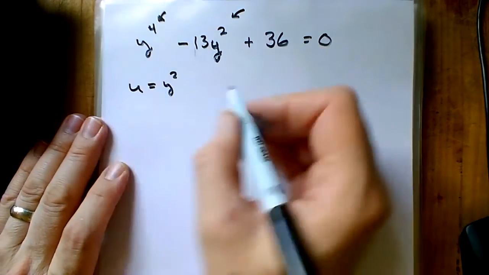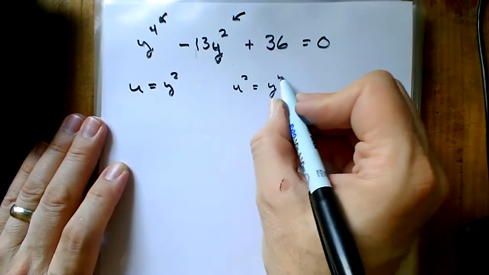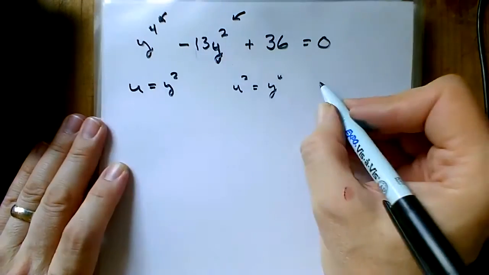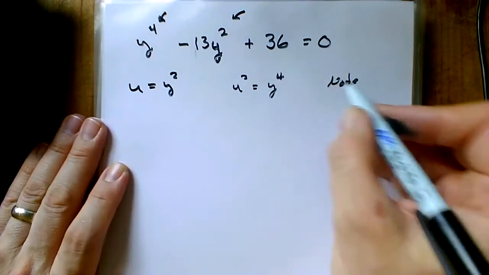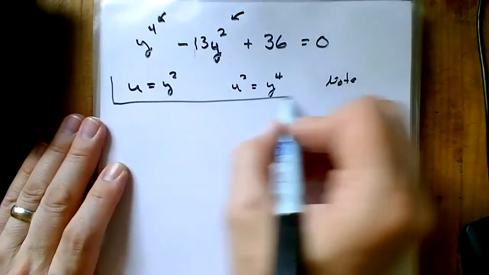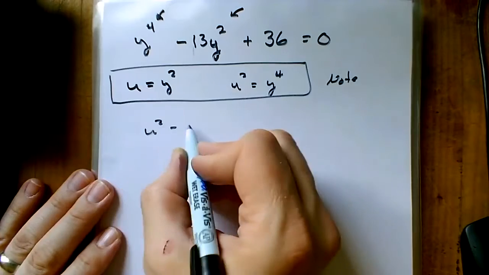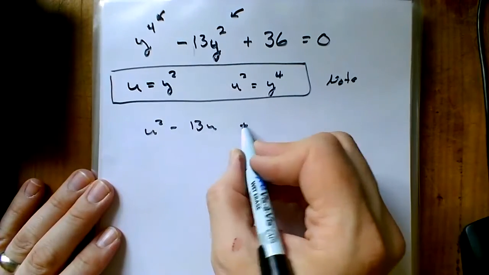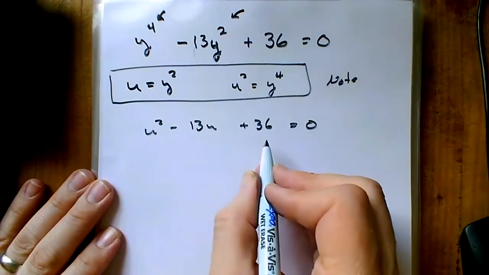That means that if we were to square this, u squared would be y to the 4th. Now when I substitute this, that means I will have u squared minus 13u plus 36 equals 0. This I could solve.